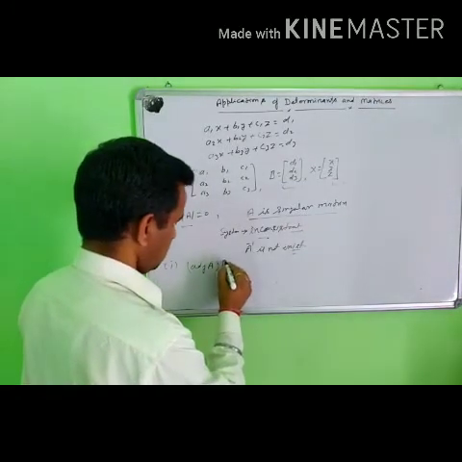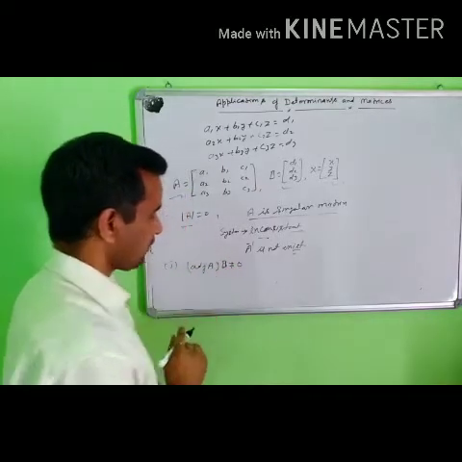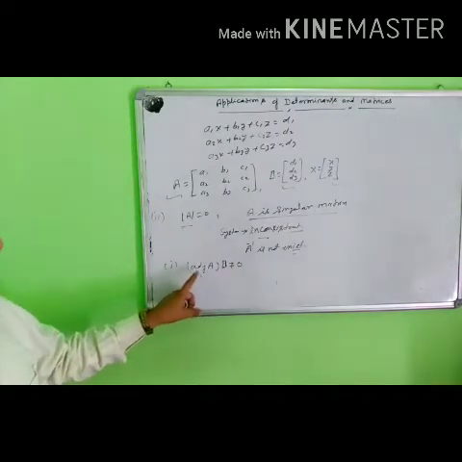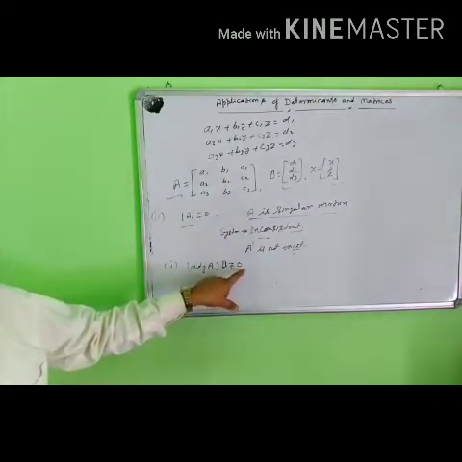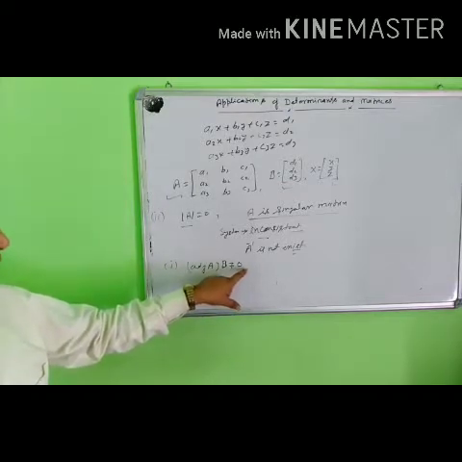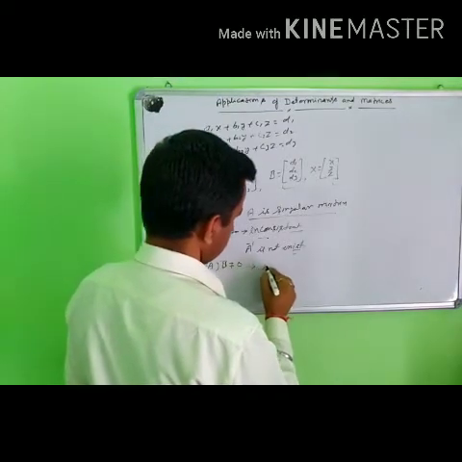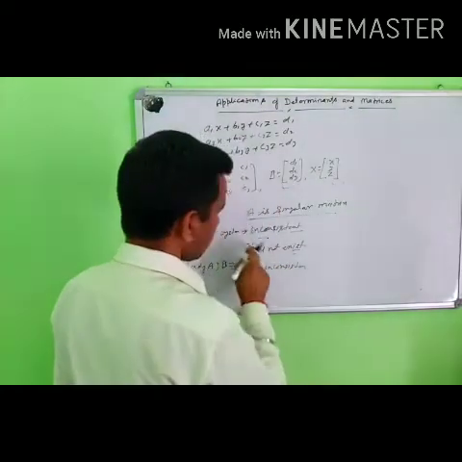If adjoint A into B is not 0, that means the system of equations is inconsistent. In this case you will write inconsistent.